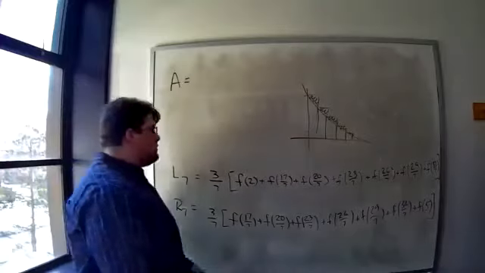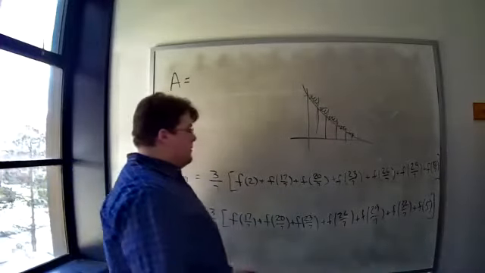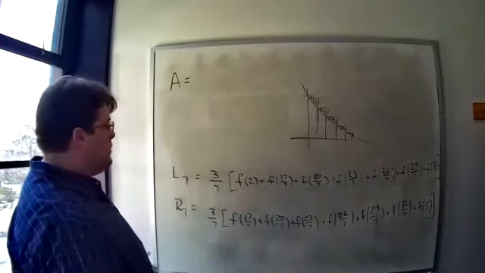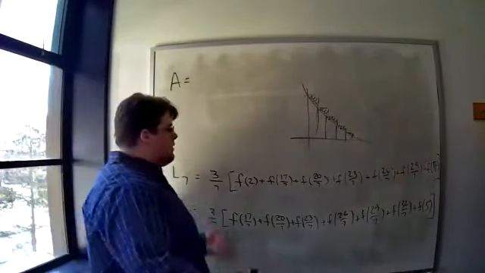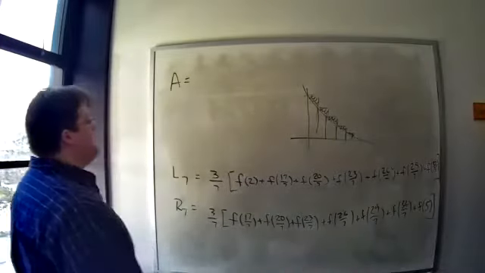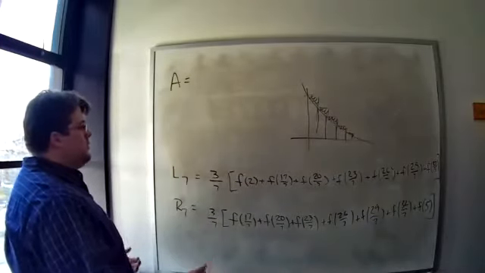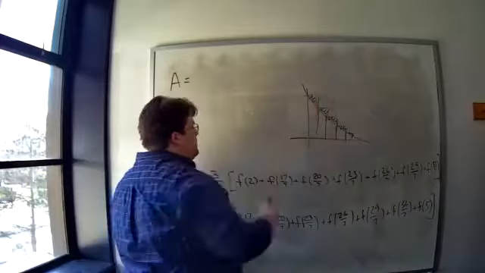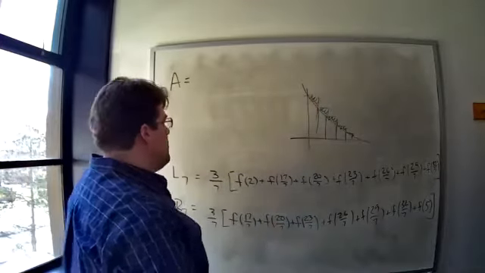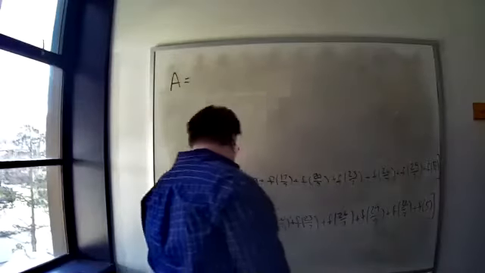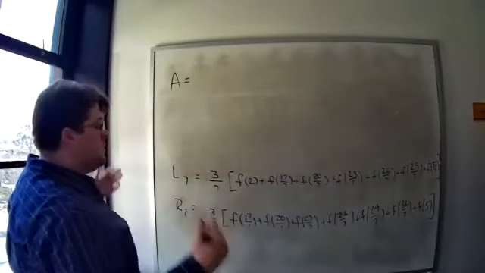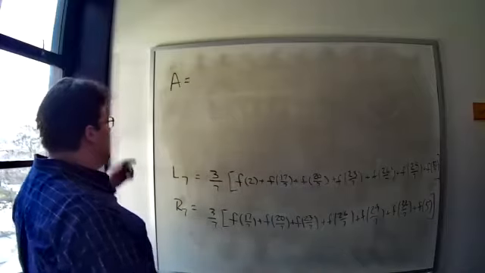In the limit, where the number of rectangles goes to infinity, that error term goes away. These pieces in the limit go to 0. So as we let the number of rectangles go to infinity, the approximation becomes exact.